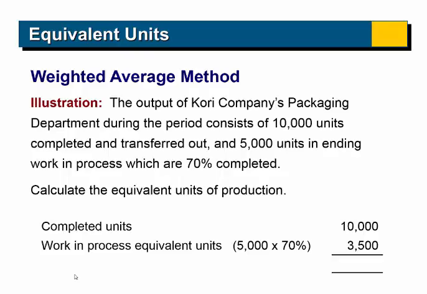So we have to calculate equivalent units. So our total is 13,500. Make sure that you understand how this is done so that you can do it yourself on your homework and on the tests.